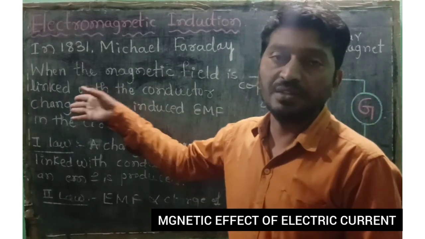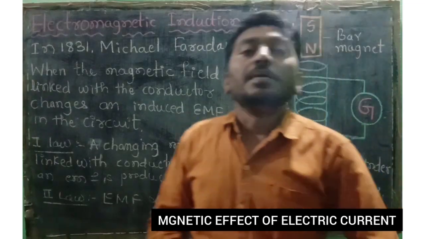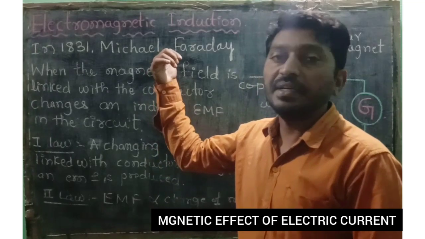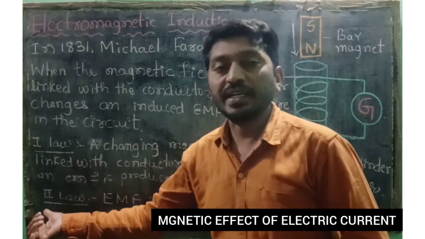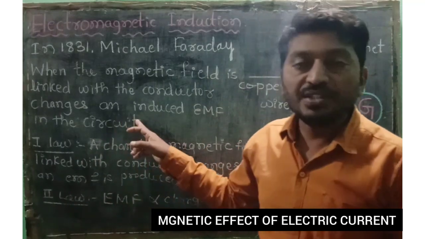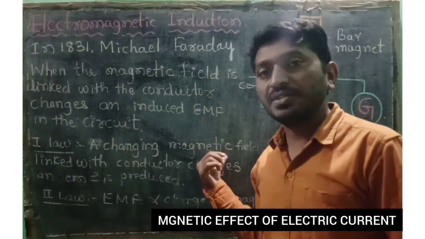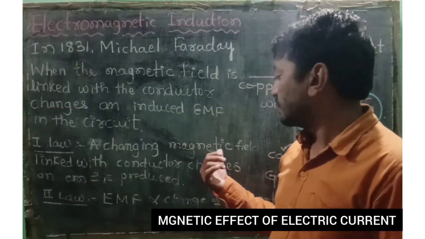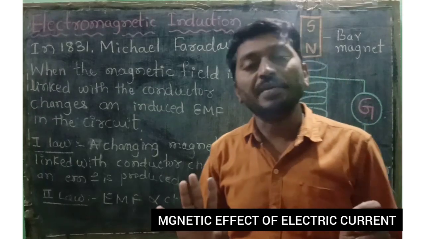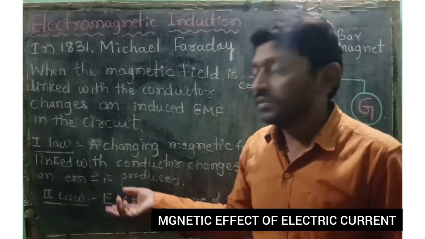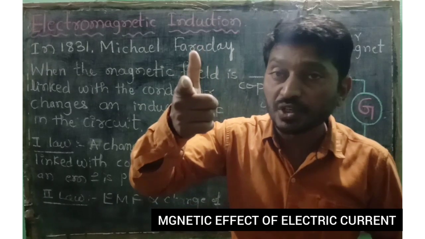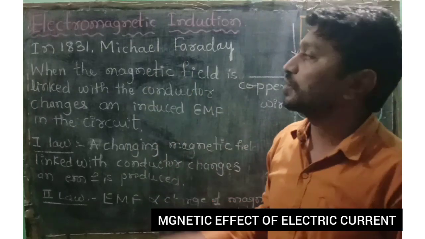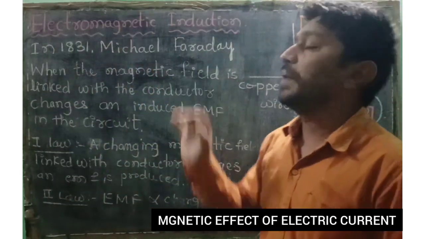Later Michael Faraday proposed the two laws of electromagnetic induction, the first law and the second law. What is the first law? When a changing magnetic field is linked with the conductor, an EMF is produced. The second law: the electromotive force is directly proportional to the rate of change of magnetic field linked with the conductor. So this is some concepts about electromagnetic induction.